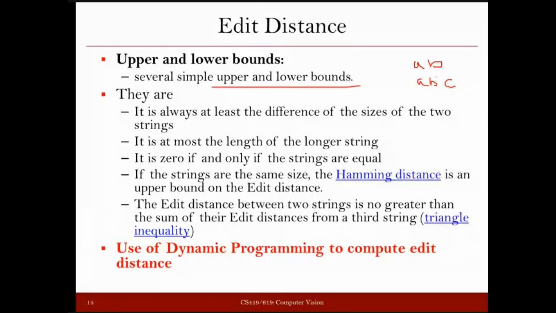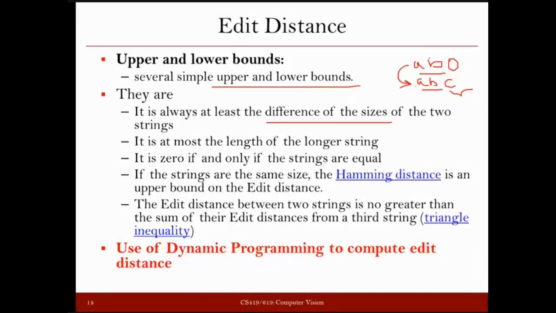If you assume that the common portion is the same, then at least you have to insert, in this example, 1 character here to make this word the same as this word. The number of characters you need to insert is equal to the number of extra characters you have in the other string, which defines the difference in size.